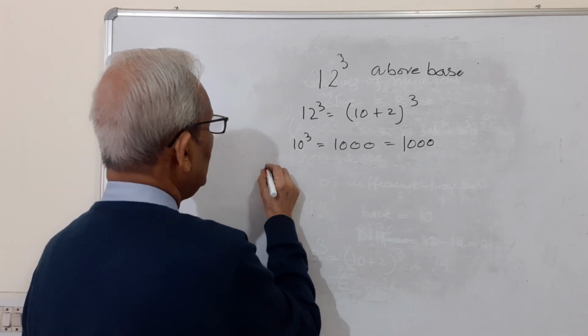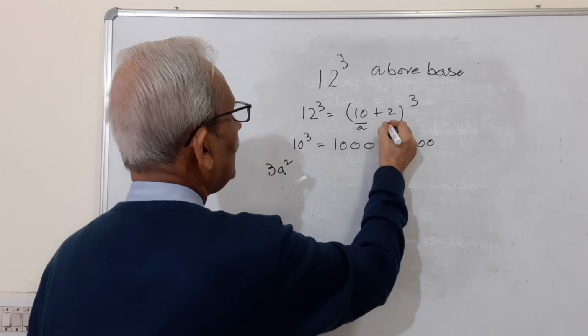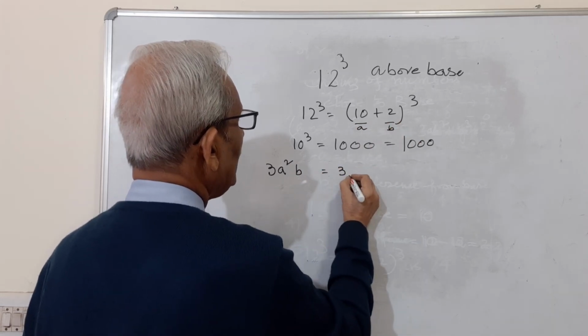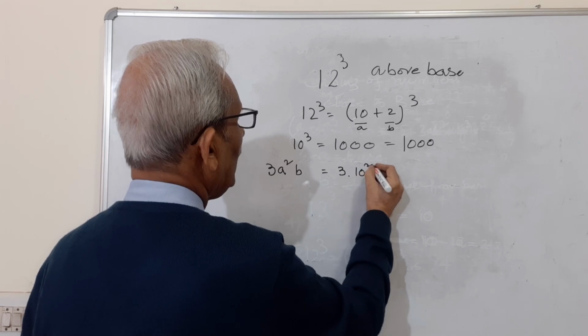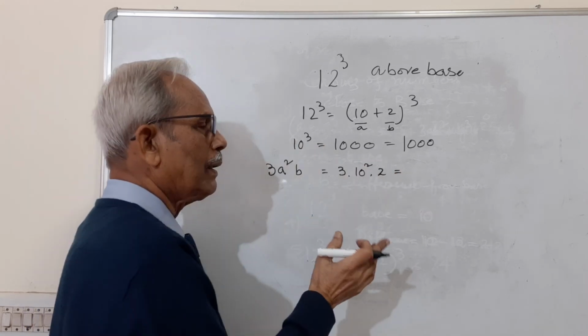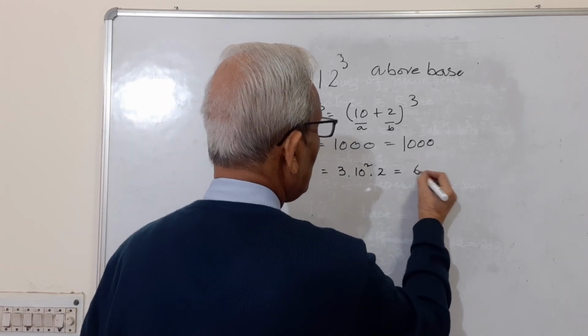Then 3a square b, because this is a and this is b, is 3 into 10 square into 2. 10 square is 100, 3 into 100 is 300, into 2 is 600.